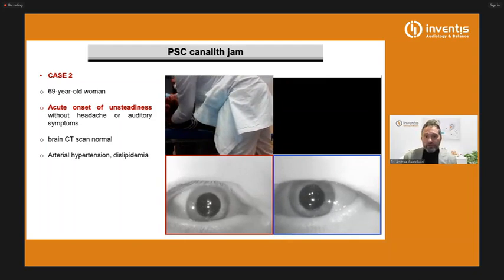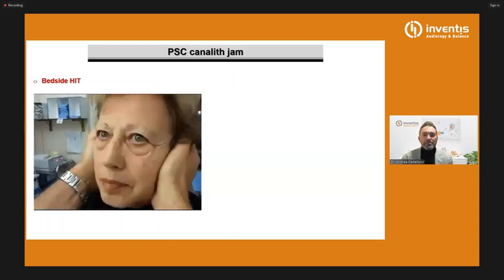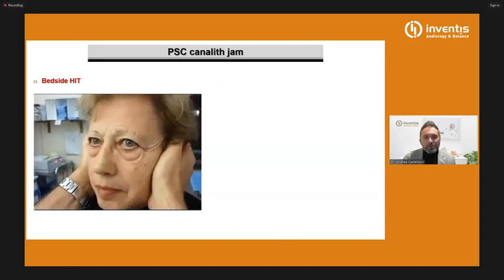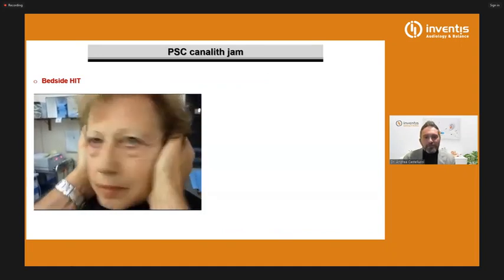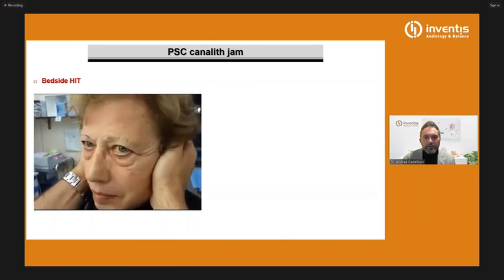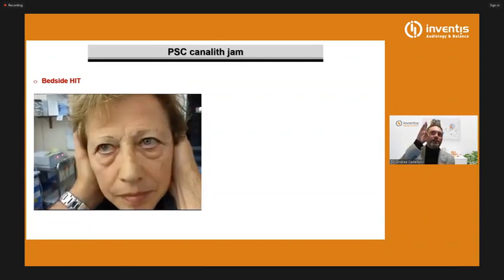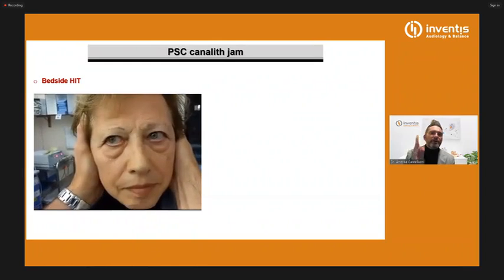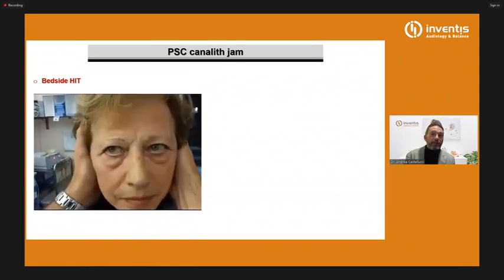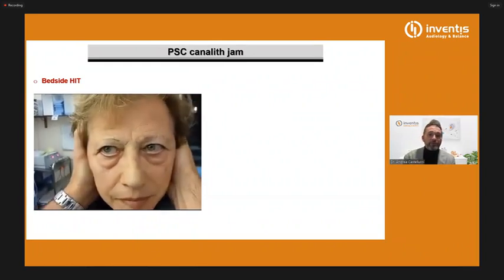And of course, this was how she showed up at the bedside head impulse test. Look, nothing happens at the horizontal head impulse test. But if you see, when we go up, there's a tiny downward saccade for the posterior canal, for the right posterior canal.